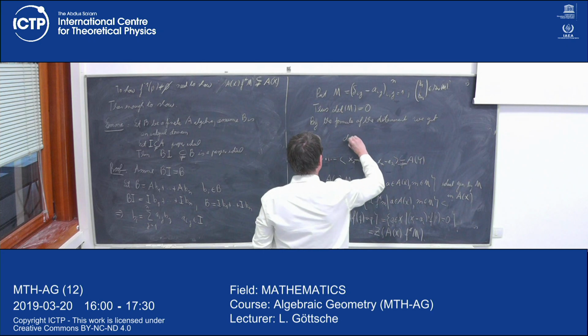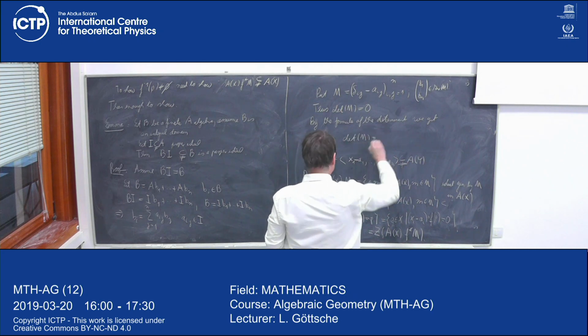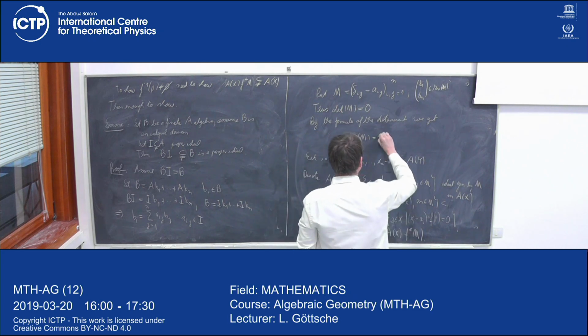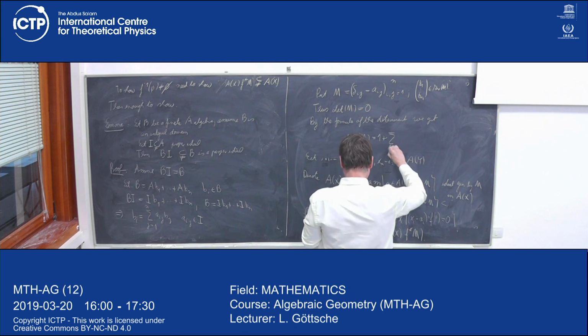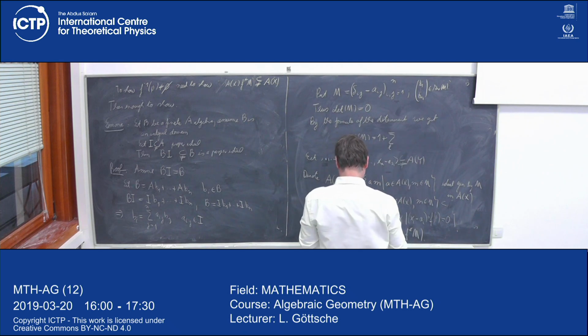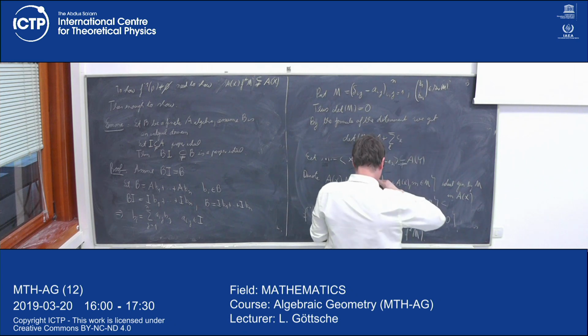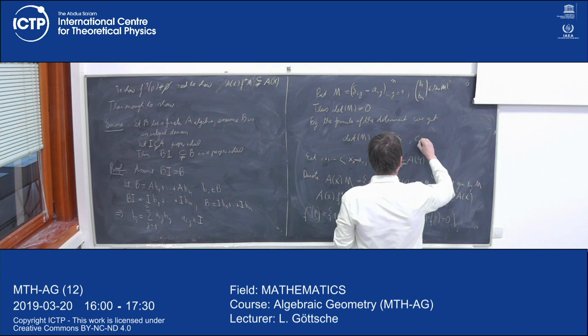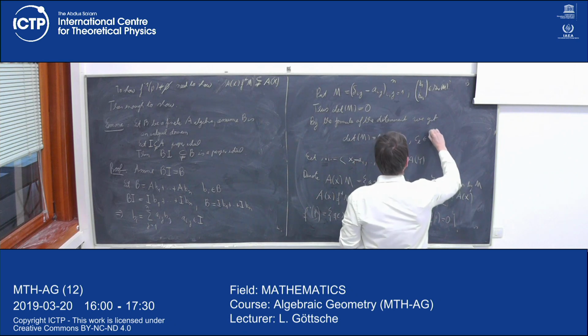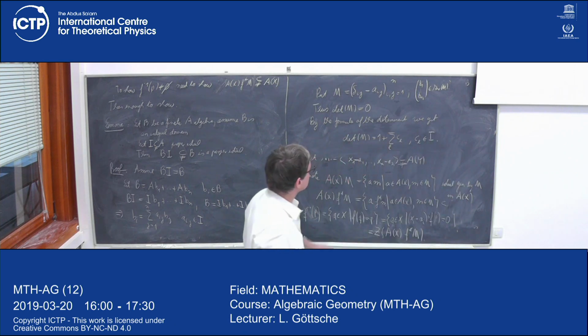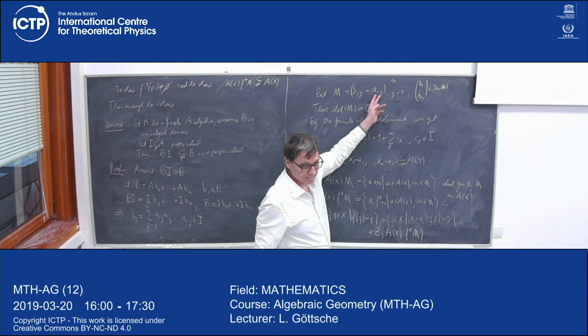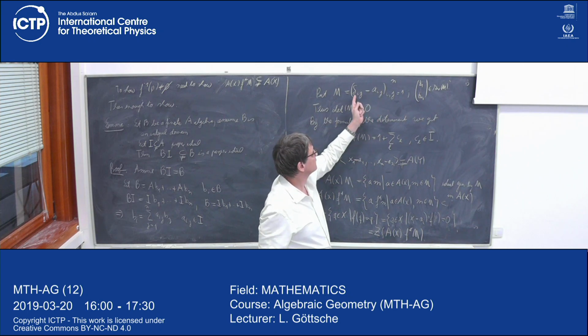The determinant of M can be written as 1 plus the sum over l of, maybe we call it cl, where cl is an element in I. Because note, these elements are all in I. The only thing not in I is this delta ij, so we have 1 here.